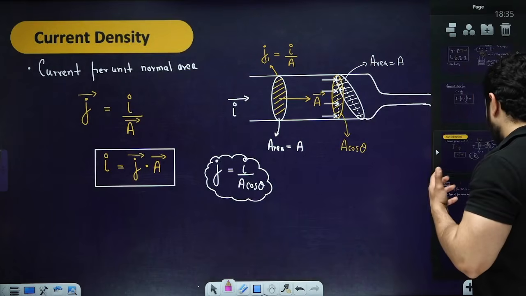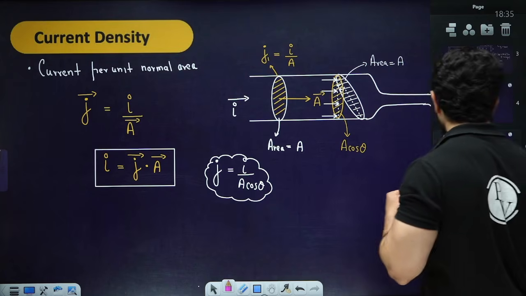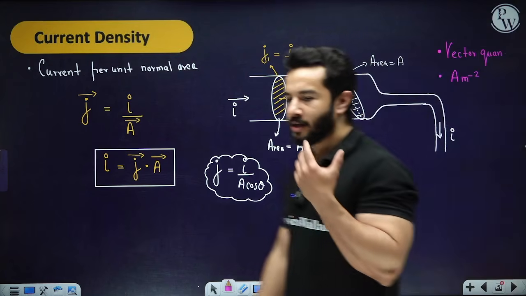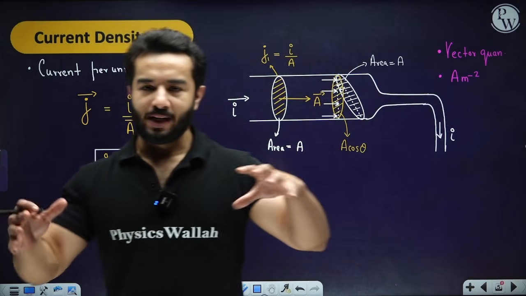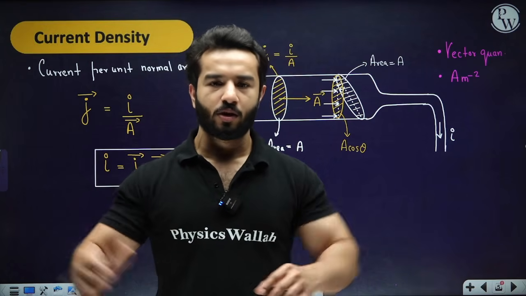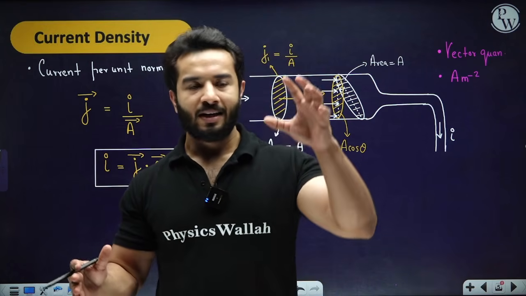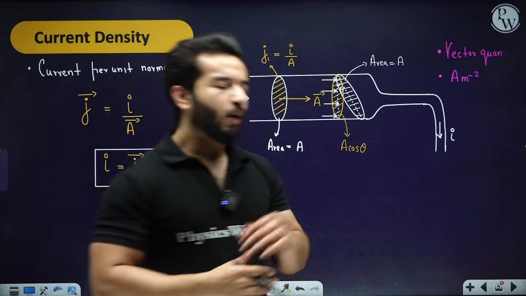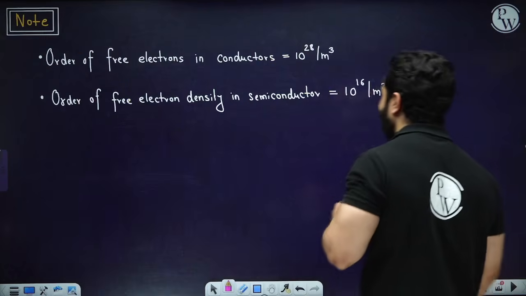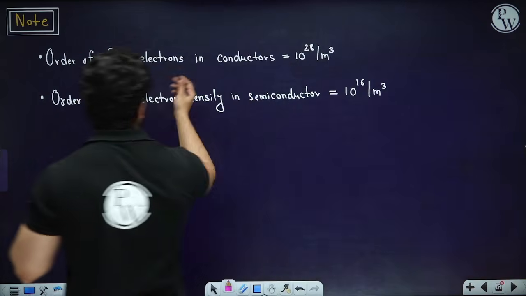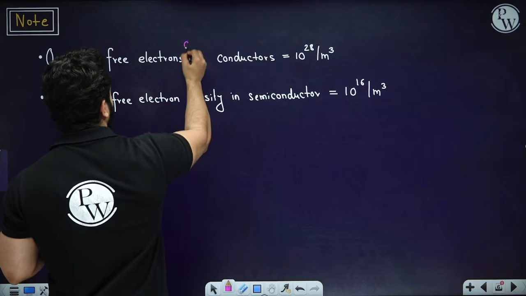Now what I want us to understand is, when we talk about different types of material, we categorize materials into three types that you have been studying since the junior classes: conductors, semiconductors, and insulators. We define them by the order of free electron density.